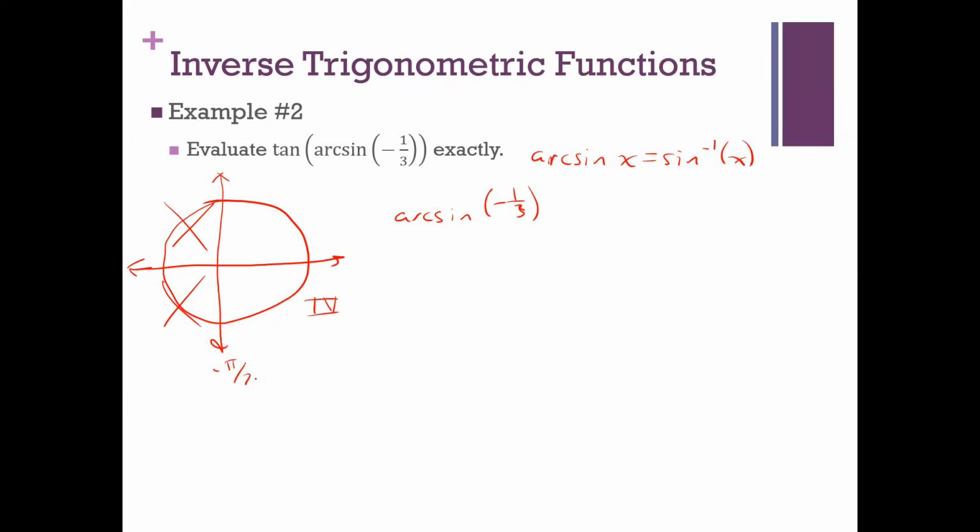I can eliminate quadrants 2 and 3 because I've restricted my domain to quadrants 1 and 4. And then why can I throw out quadrant 1?